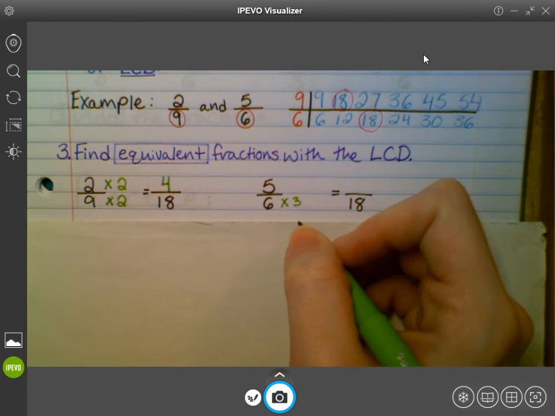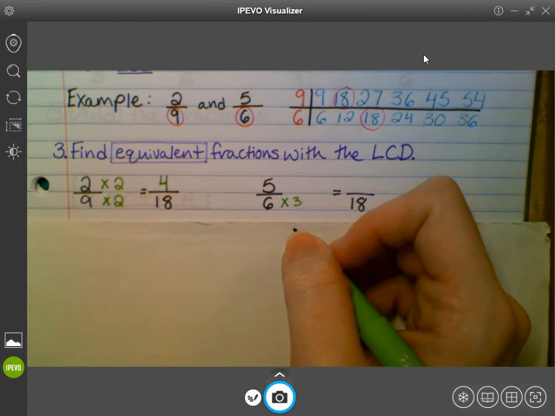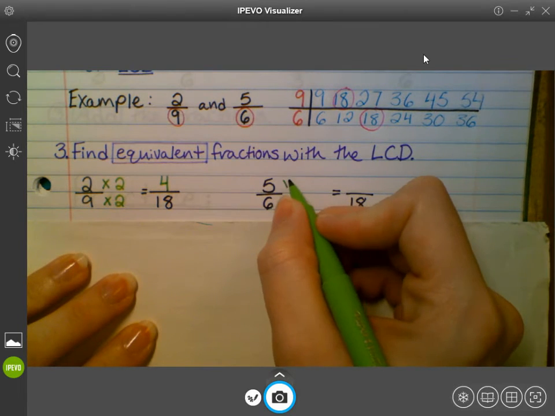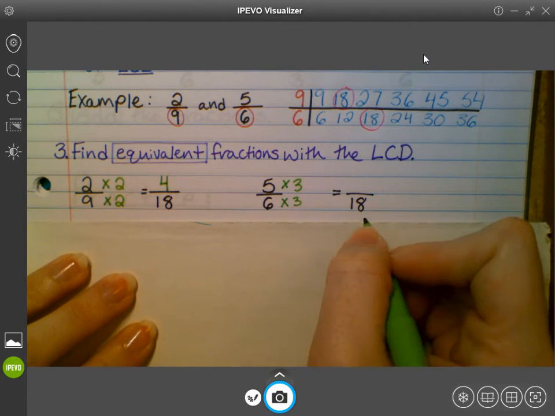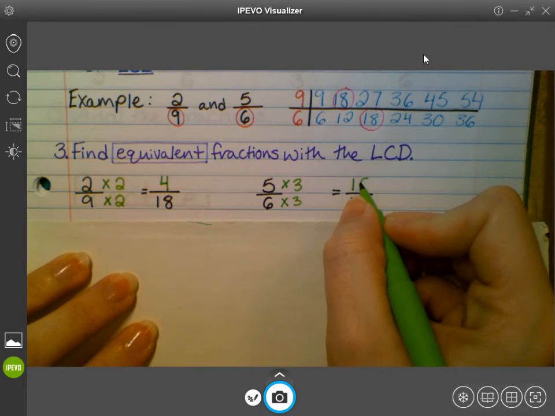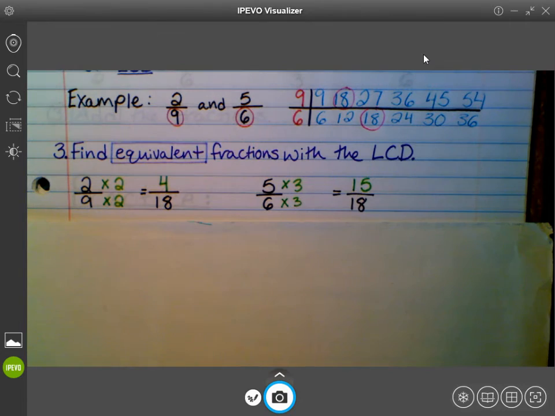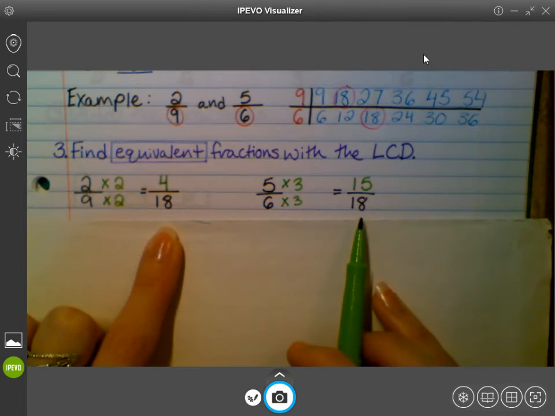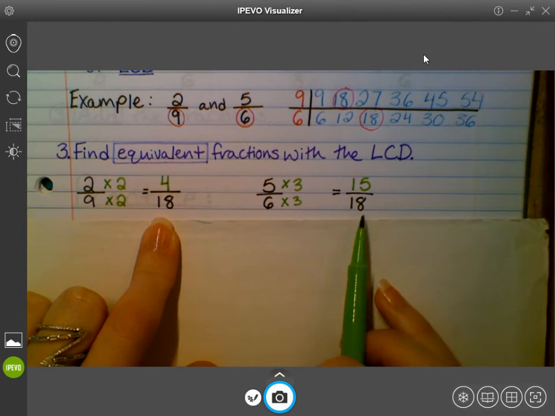So whatever I do to the denominator, I have to do to the numerator. 6 times 3 gets me 18. 5 times 3 gets me 15. So fifth grade, our new fractions with a common denominator. They both have 18 as their denominator. We have 4/18 and 15/18.